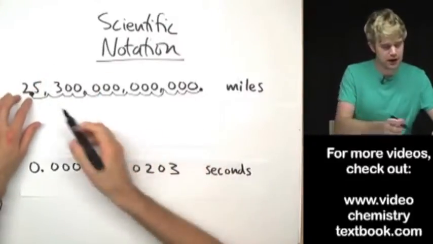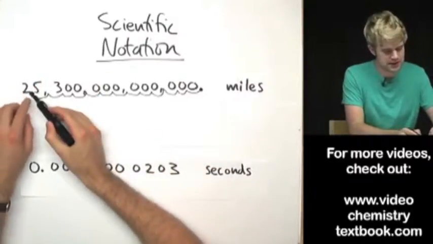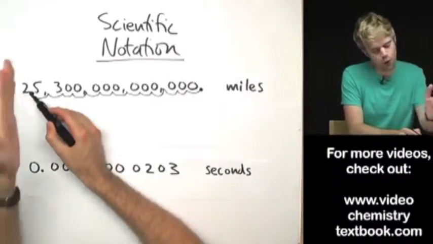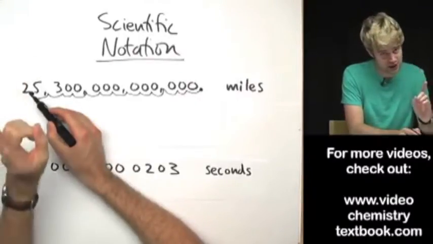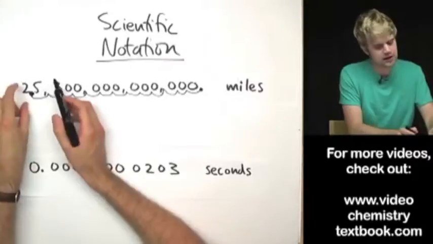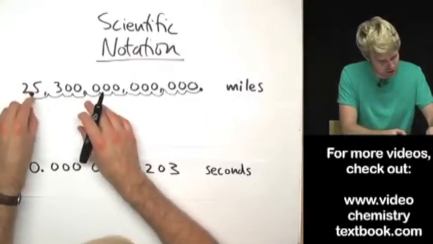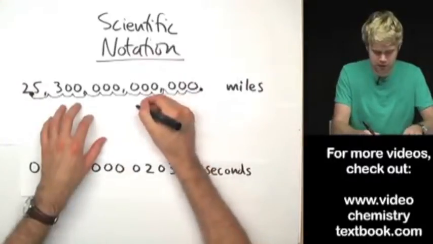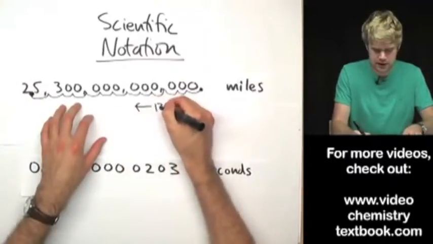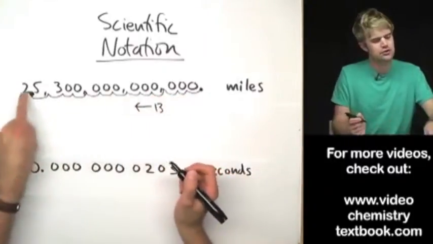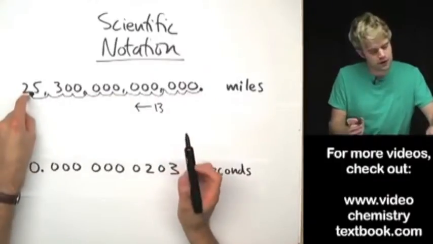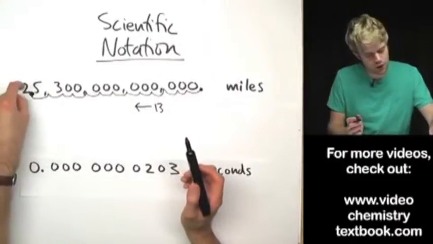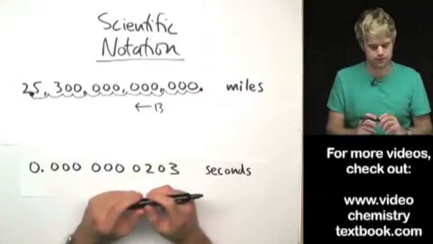I move it until the decimal place is sitting here and there is only one digit to the left of the decimal place. So the decimal place is here and then one digit there. So I moved it 13 spots in this direction to move it to a place where there was only one digit to the left of it.